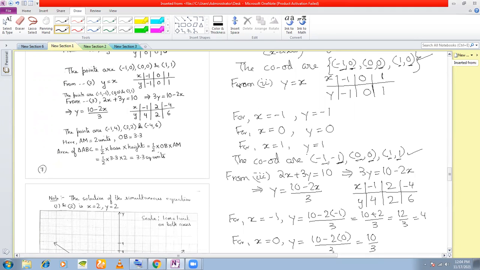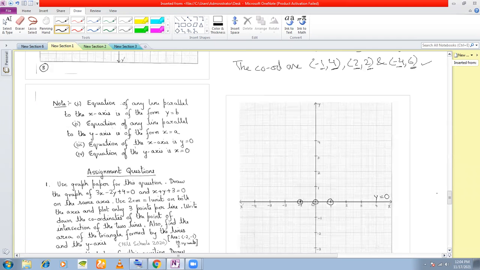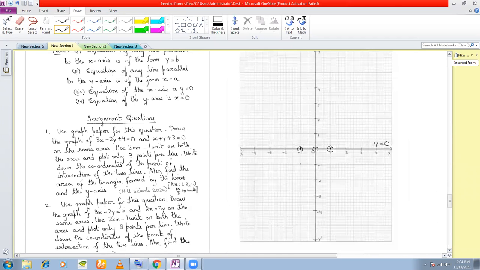So therefore, let's see the next set of points. The next set of points here are -1, -1, 0, 0, and 1, 1. So -1 will lie here, right? Let's label these points also. This is -1, 0. This is 0, 0. And this is 1, 0. Fine.